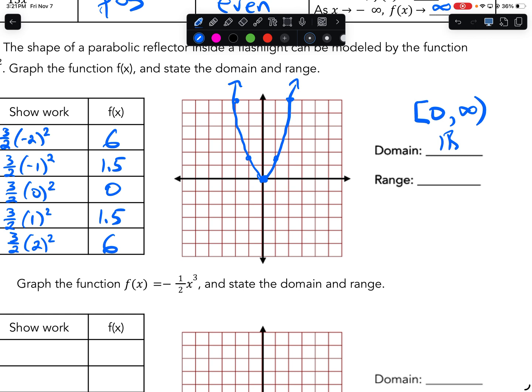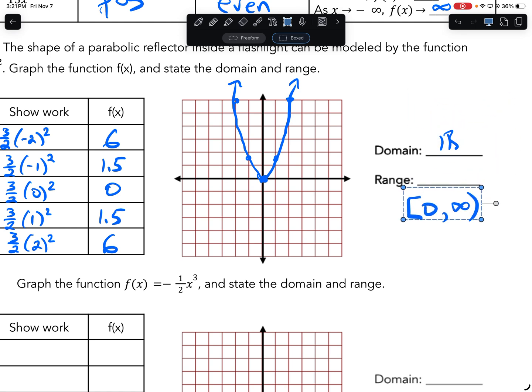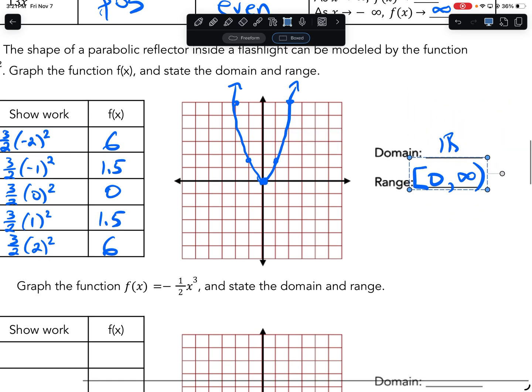Or that was, and I just wrote it in the wrong place. That is the range. Sorry. I meant to write that right there. So if I don't specify set builder or interval notation, you could write this. Is it y is greater than or less than or equal to or not, and 0? What is it? Greater than or equal to 0.